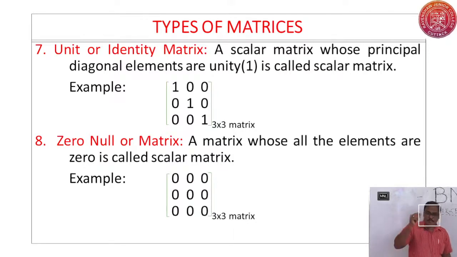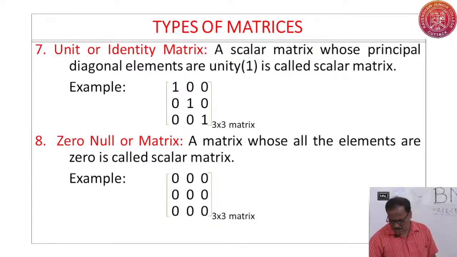All unit matrices are scalar matrices, but all scalar matrices are not unit matrices, because in a scalar matrix the diagonal elements may be 2, 3, 4 or any alphabet, but in the case of the identity matrix they must be 1.